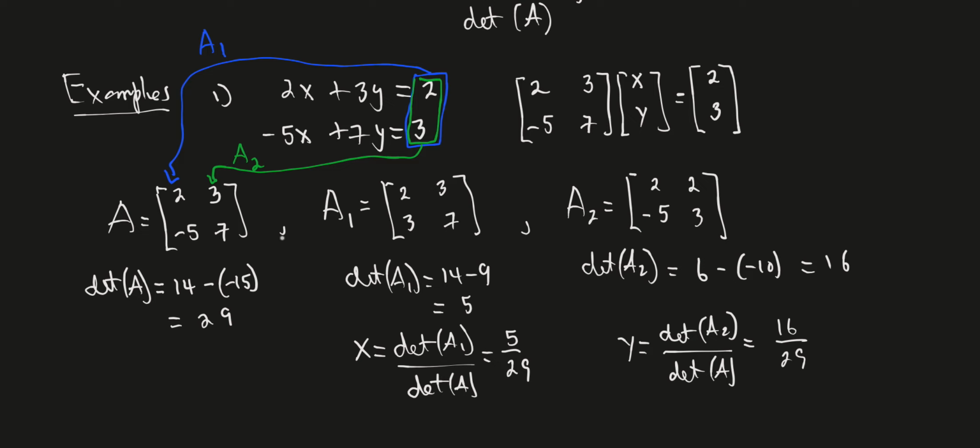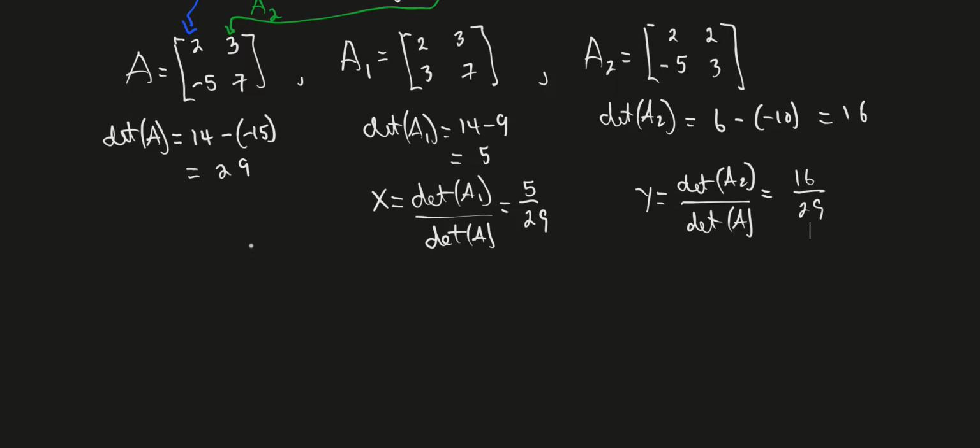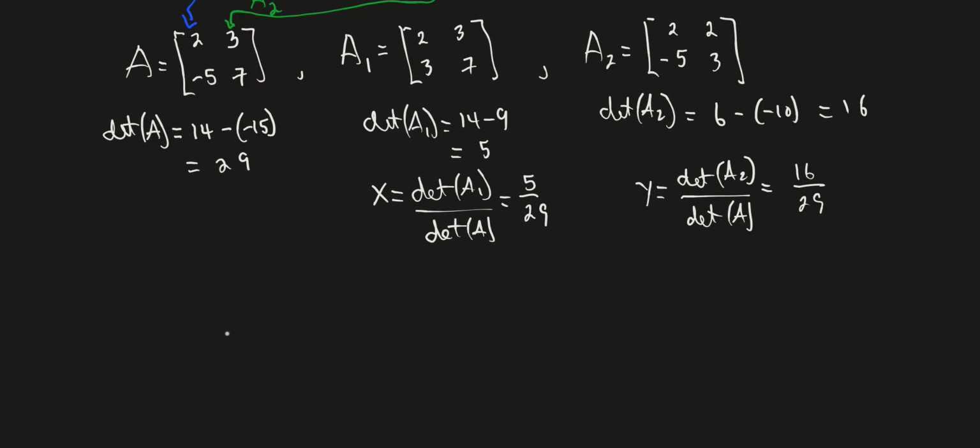Now, this will be a little bit longer because we will have more determinants, and they will be 3 by 3 determinants instead of 2 by 2 determinants. But it's important that you see this example. So let's say we have 2x1 plus 3x2 minus x3 is equal to 2.